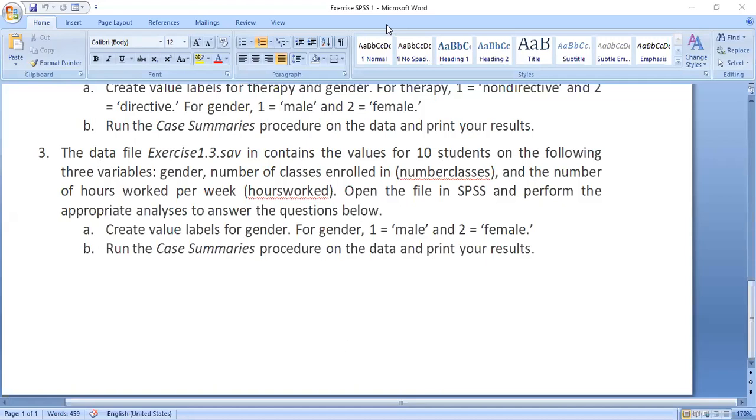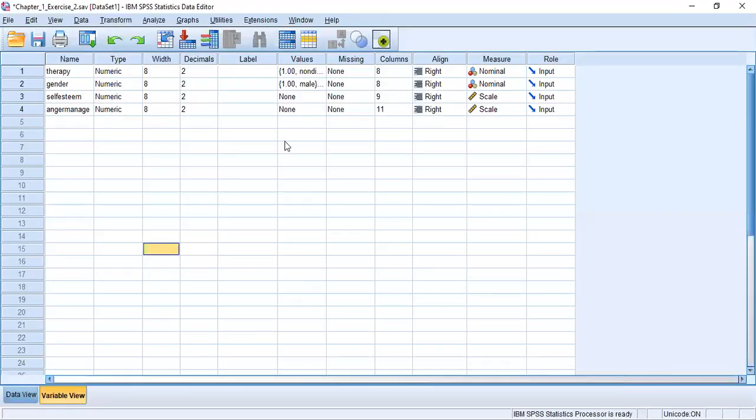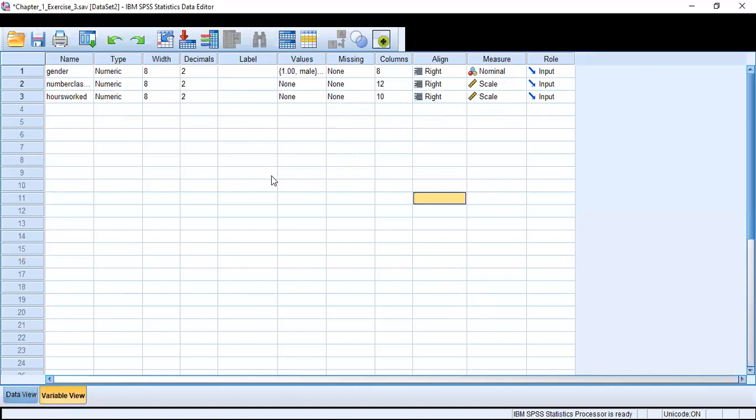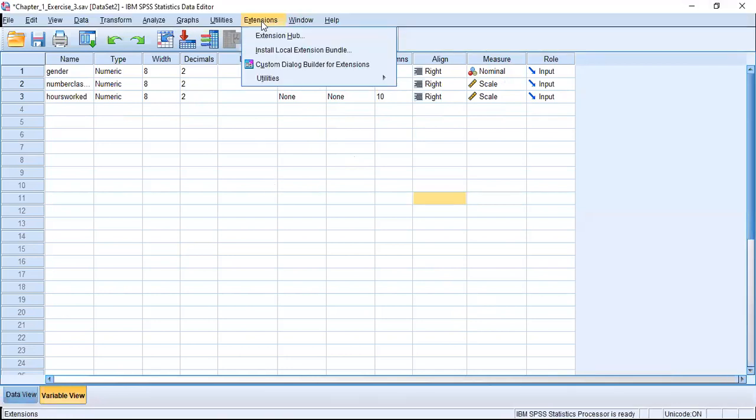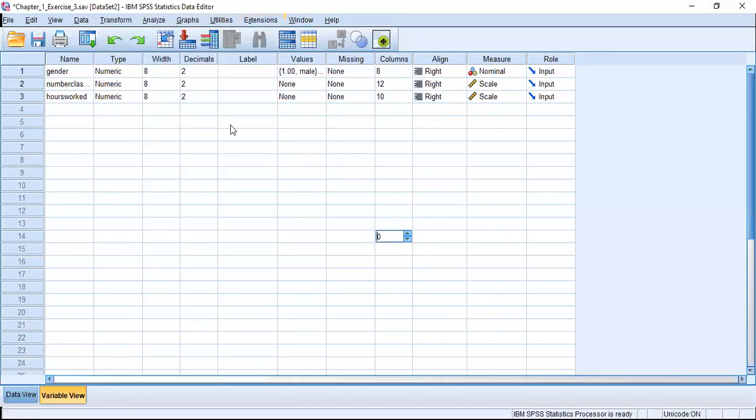Sorry, this is the wrong question we have taken. I'll move to the actual question, and here you have this exercise 3. Now it's not showing, that's the problem. Now here it shows.